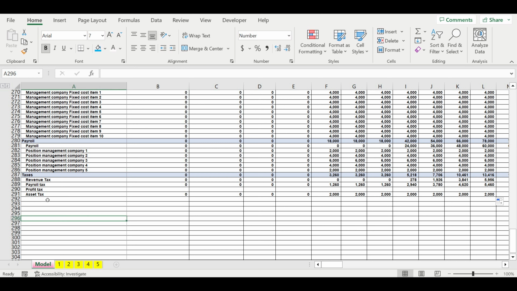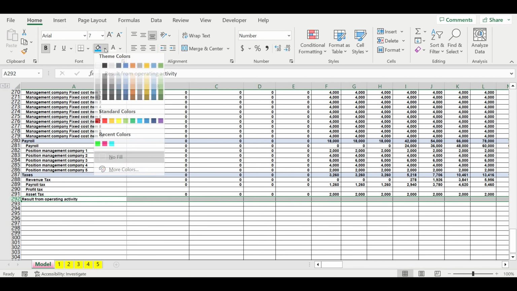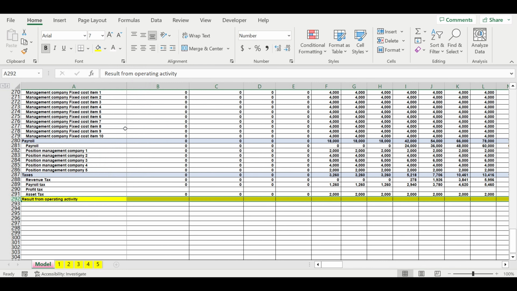So we are moving to the first important line. So this is the result from operating activity. So the formula will be very simple.